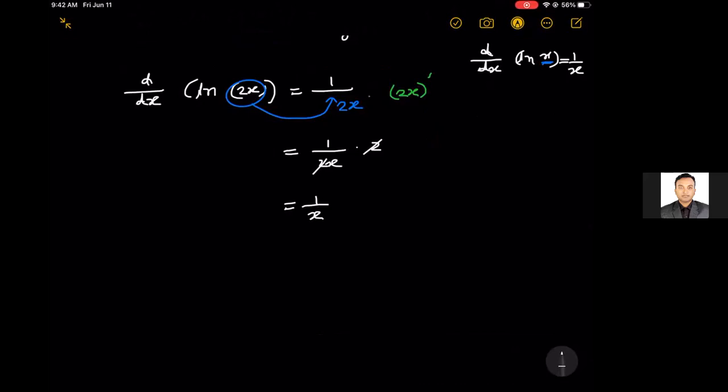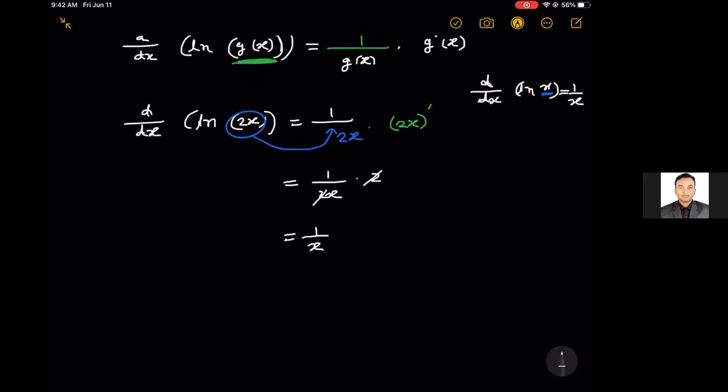This is your answer. So the main idea is to use the chain rule whenever you have any other function instead of that x. Use the same formula, have 1 over that, and if it's something else other than that isolated x, then just multiply by the derivative of that. That's it. Any question from this?